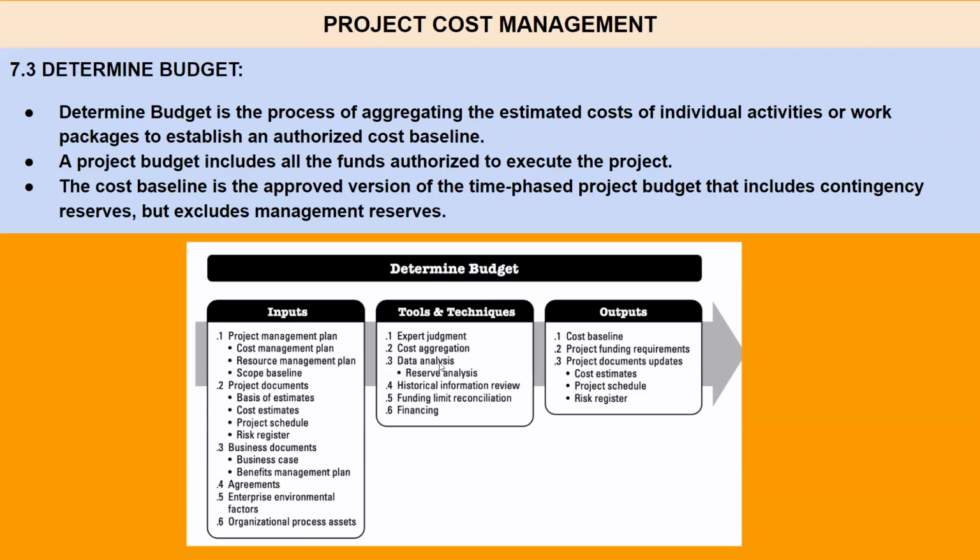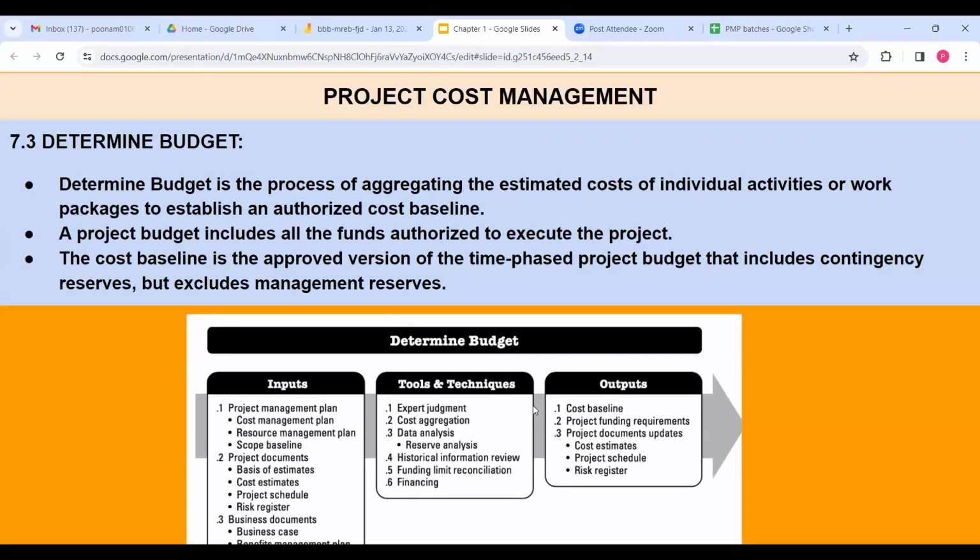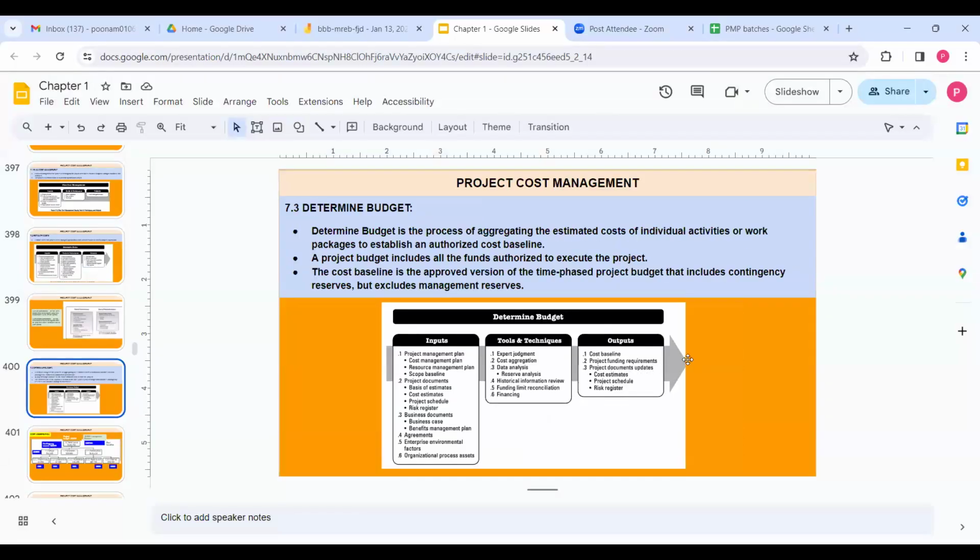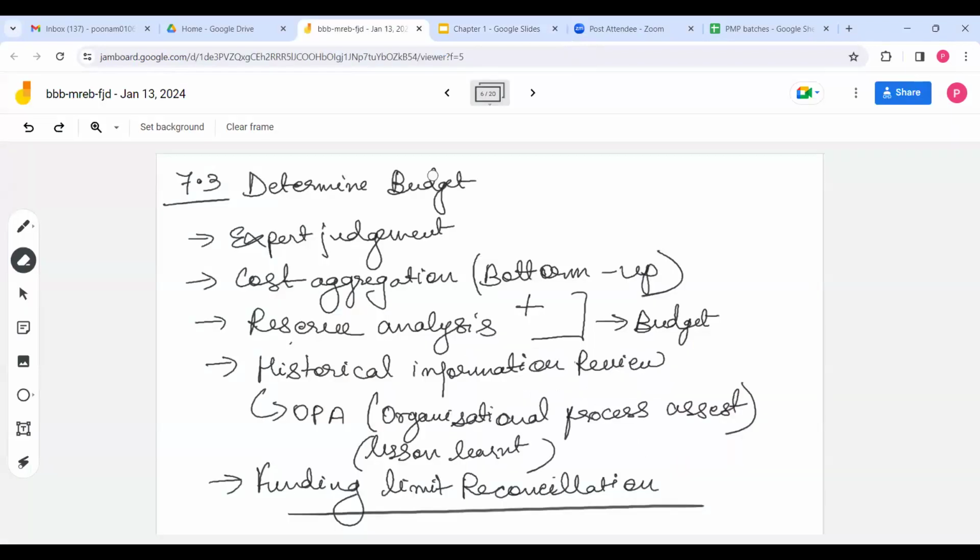That is financing. Financing is not a method, it is just an approach for how you are going to give your budget to your team. And finally, here you got the cost baseline as an output. You got funding requirements as an output.